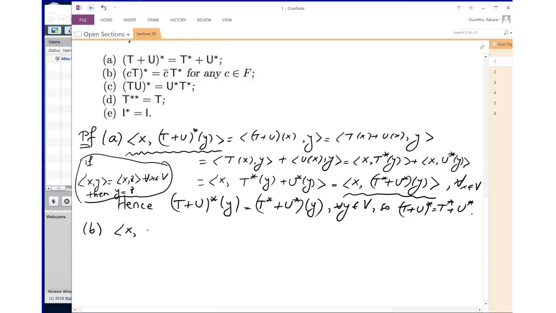So I'll start with the inner product between x and the adjoint of the operator c times T, where c is a scalar, applied to y. Try to follow the same idea. So c times T is an operator that will now move into the first.